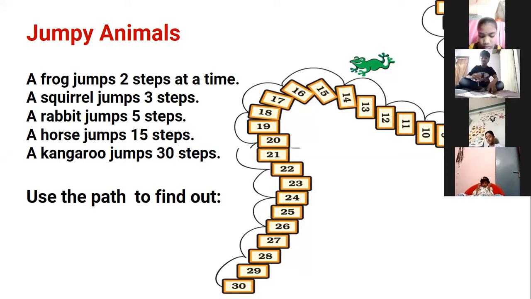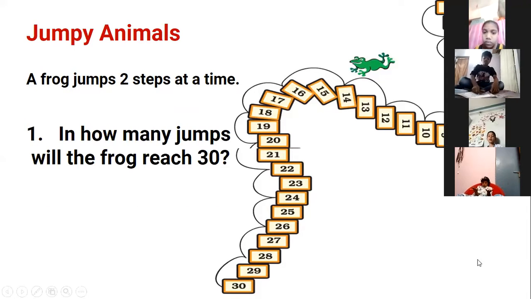Now here one path is given for us, 0 to 30. By using this path, we need to find the jumps of the given animals. Here a frog jumps 2 steps. How many jumps will the frog take to reach 30?